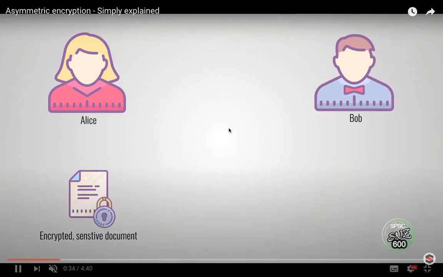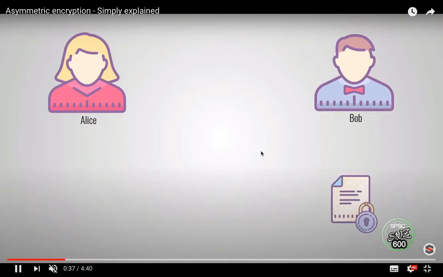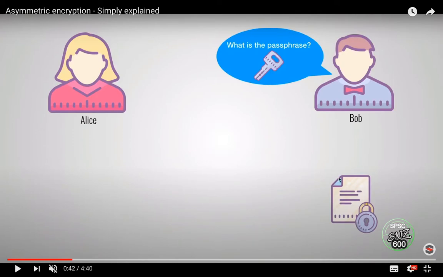Now she sends the message to Bob, but Bob doesn't know the key that is used to encrypt the message. What is the passphrase? Bob doesn't know the passphrase, so he needs to get it from Alice.